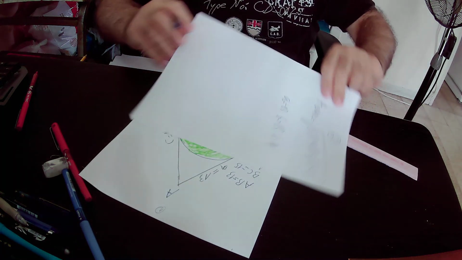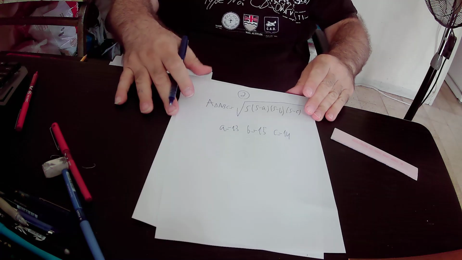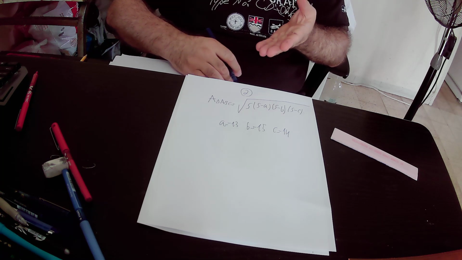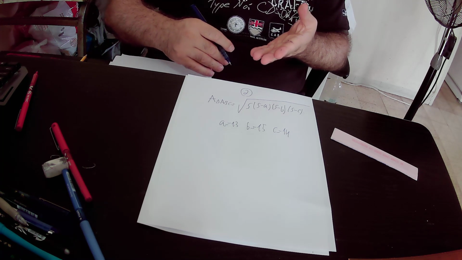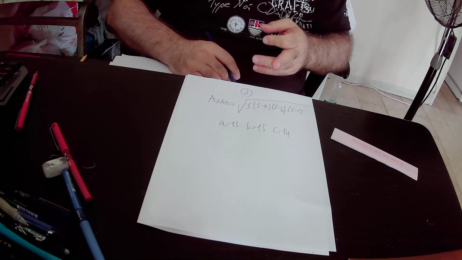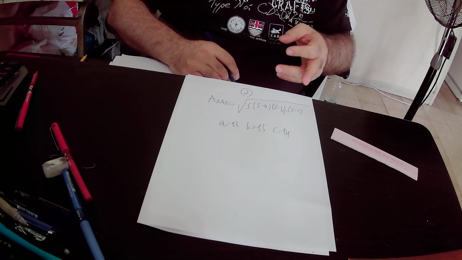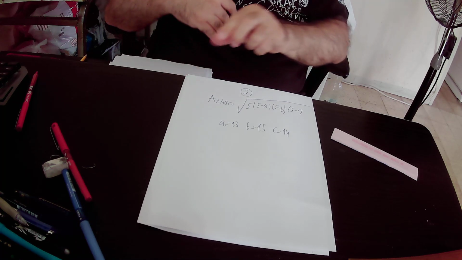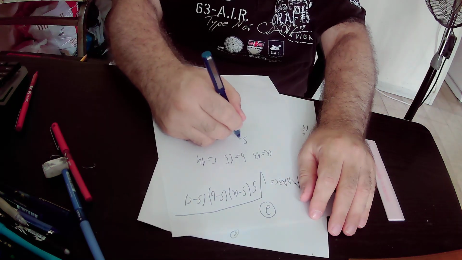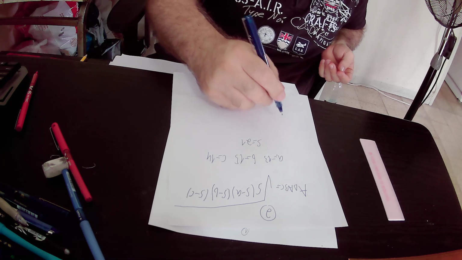The only thing left in order to find the area of triangle ABC is to substitute S by 21, A by 13, B by 15, and C by 14. So we'll do it now.